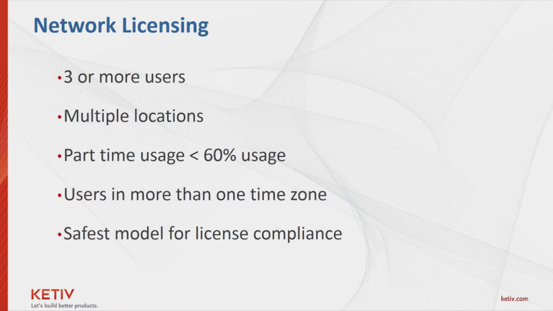By networking their licenses and applying networking rights to use the licenses throughout the world, it gives them the ability to share a smaller set of licenses with a large pool of people. They're able to take advantage of that because while we're asleep at night not using licenses, people in other parts of the world are awake and being productive. So those are some of the reasons we see.